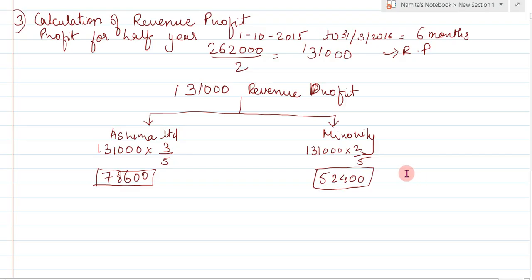After calculation of revenue profit, the next calculation, the fourth, is the calculation of minority interest.